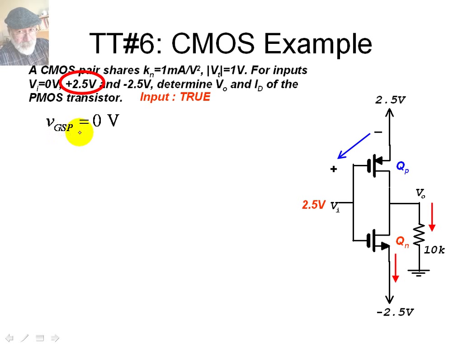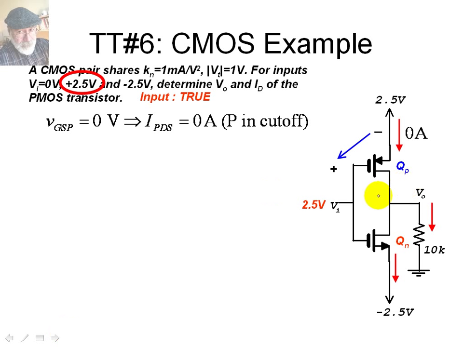That is the gate source voltage of the top transistor. But that signifies only one thing. If VGS, in this case 0, is above the threshold voltage for the PMOS, which is negative 1 volt, that means that this PMOS is in cutoff. P is in cutoff. This current at the top is 0 amps.